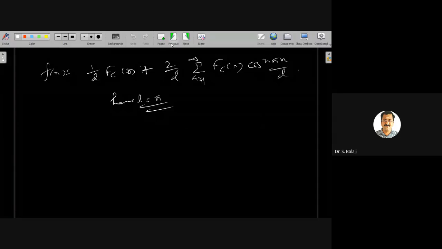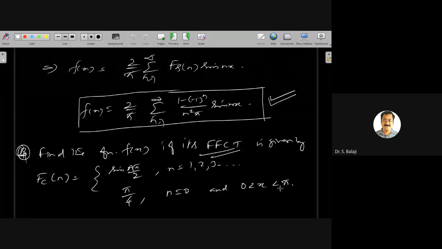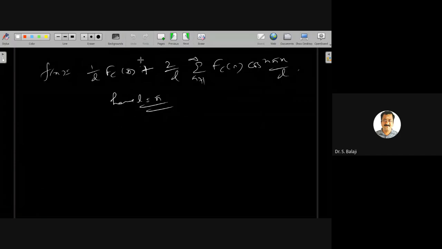But here L equal to pi, since x varies from 0 to pi. You can substitute and give the answer.